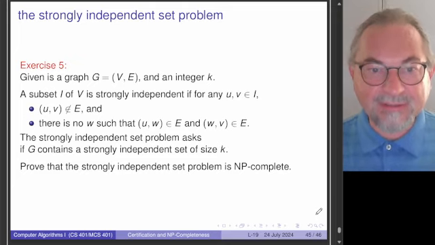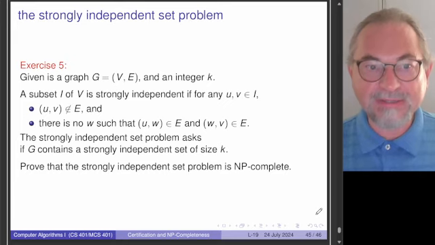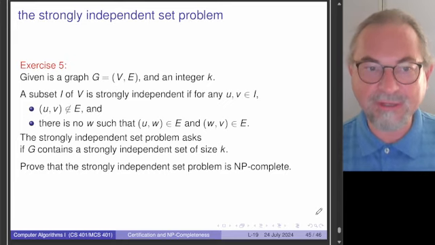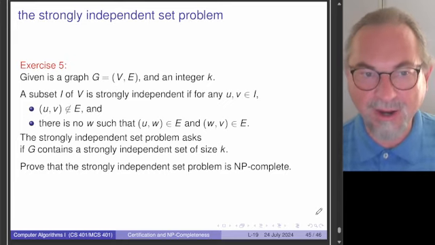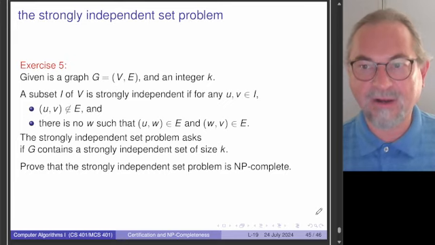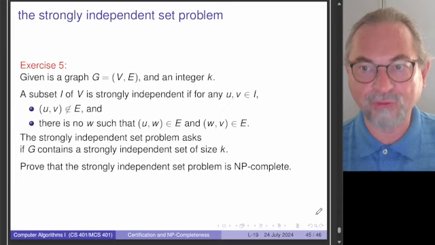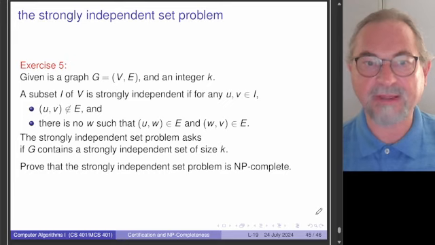So that problem is NP complete. The strongly independent set problem asks, given a graph and an integer k, is there a set of size k so that if you take any two vertices out of that set, there is no path of length 2.